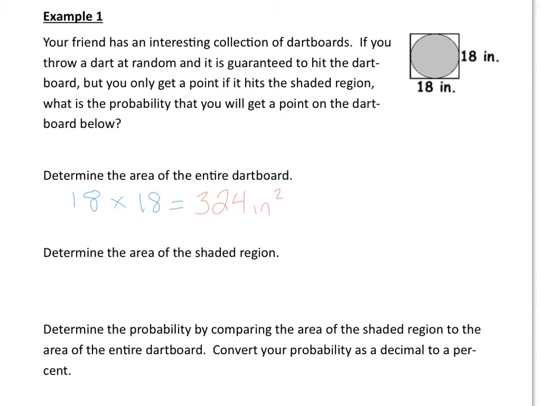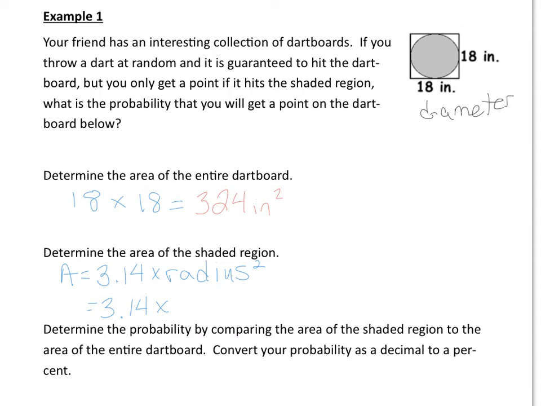Now, when we look at the shaded region, the shaded part of that is a circle. If you do not know that area of a circle formula, it's 3.14 times radius squared. So we would have 3.14 times, all the way across our circle is 18. That is your diameter.